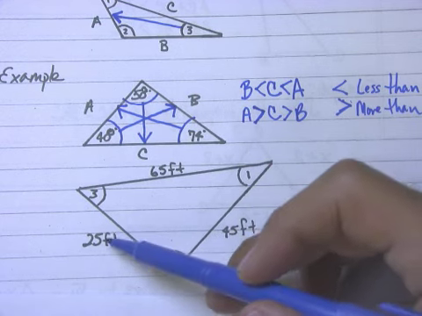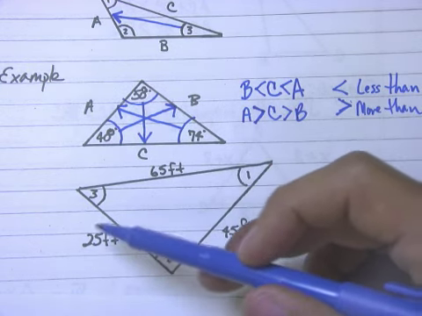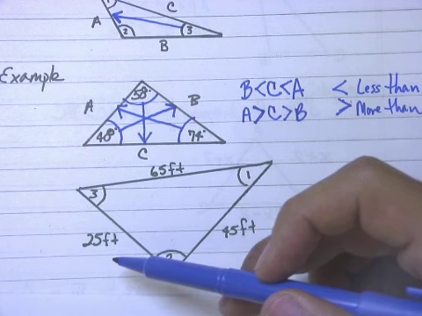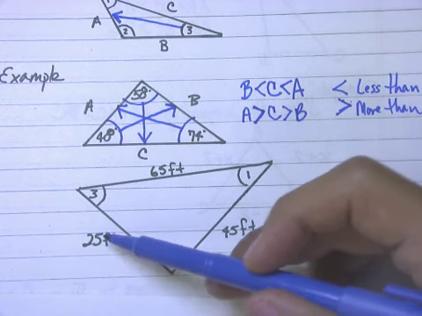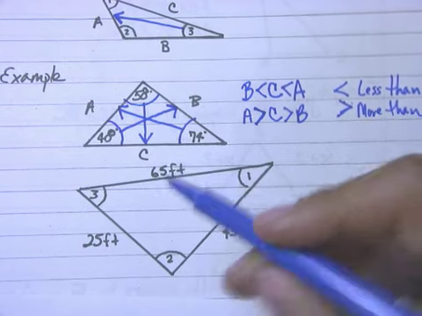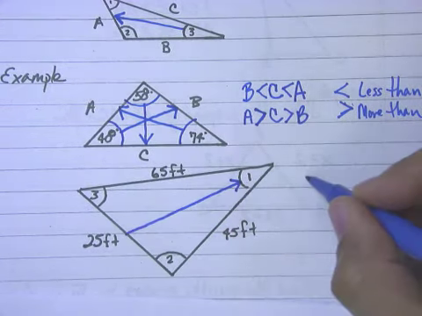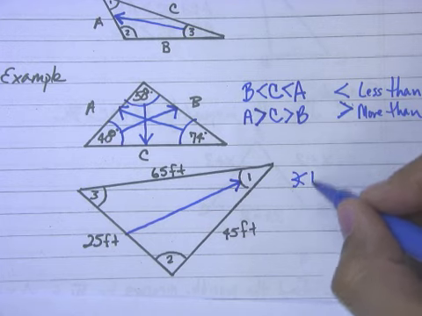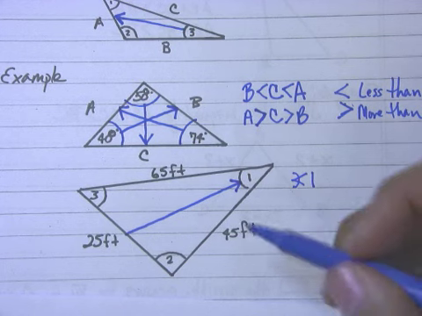Well, none of the angles have numbers, so I can look to the sides. Which is the smallest side? This side right here is 25 feet, the smallest side. And I know that the smallest side, according to the rule, is across from the smallest angle. So if 25 is the smallest side, then angle 1 is the smallest angle.